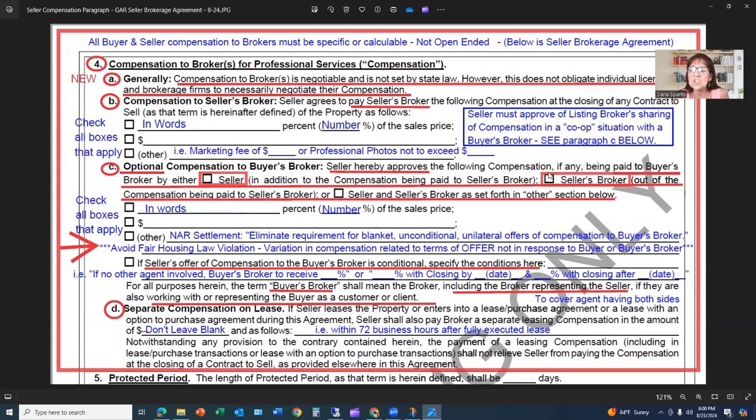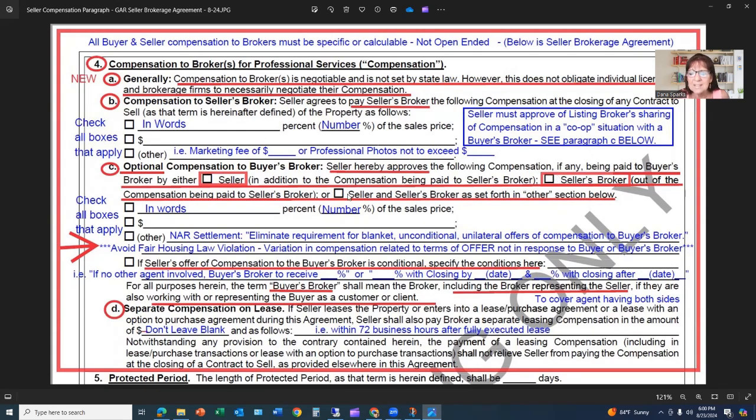So you would check this box if the seller is paying your broker, the listing broker, a big pile of money, and they say, okay, out of the pile of money I'm paying you, you are allowed to share part of that with a broker that is bringing a motivated, qualified, ready, willing, and able buyer to go buy my house. You can share part of that money with them, but these are the terms under which you can share that. So that second box, you check that for a co-op situation.